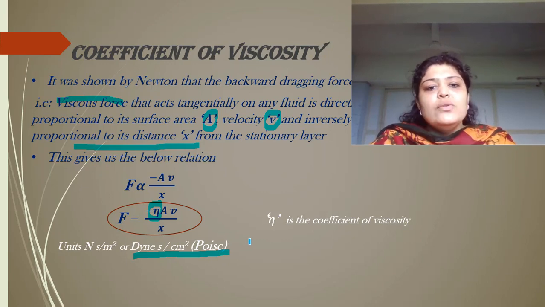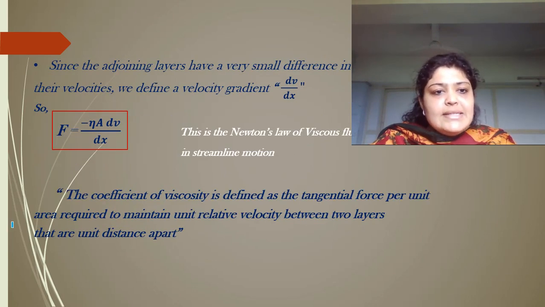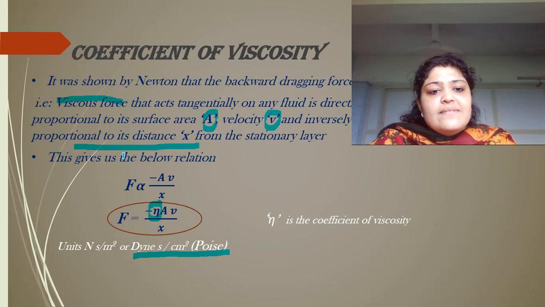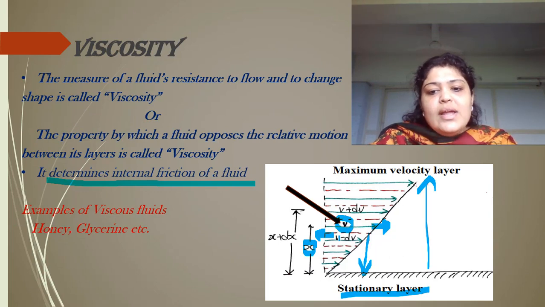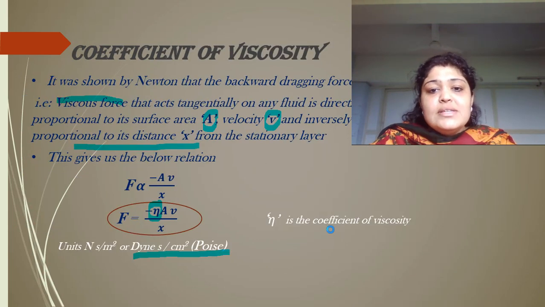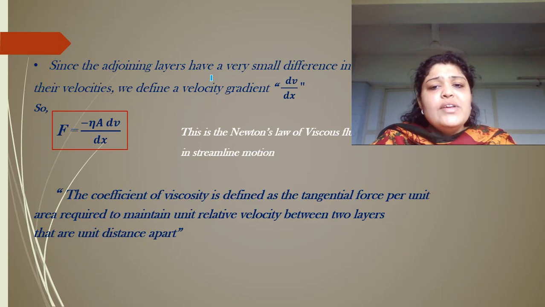Now let us discuss what the definition of viscosity says. We have seen in this diagram that between any two layers, the velocity difference is very small, and that is the reason instead of using the velocity directly, we define a gradient known as the velocity gradient dv by dx. So I make a small change in this equation.